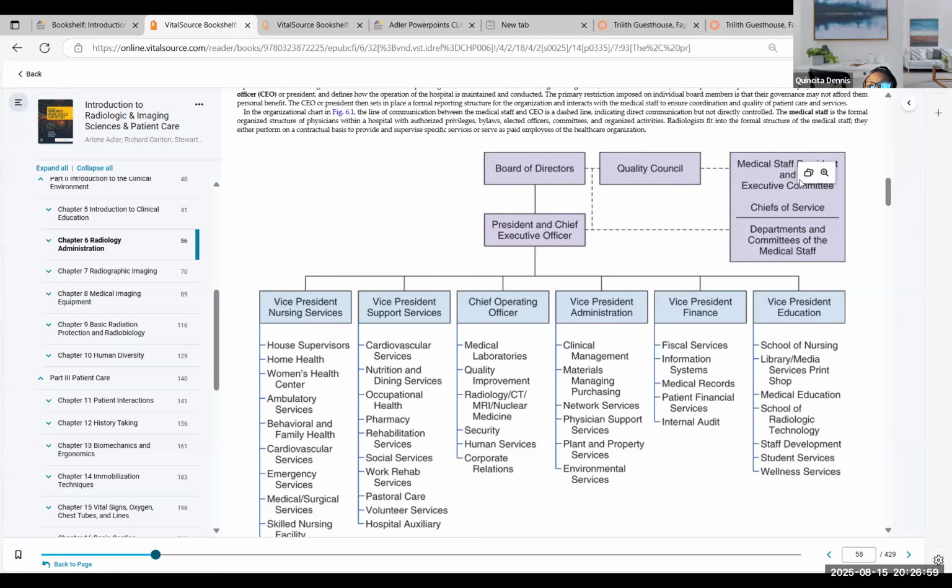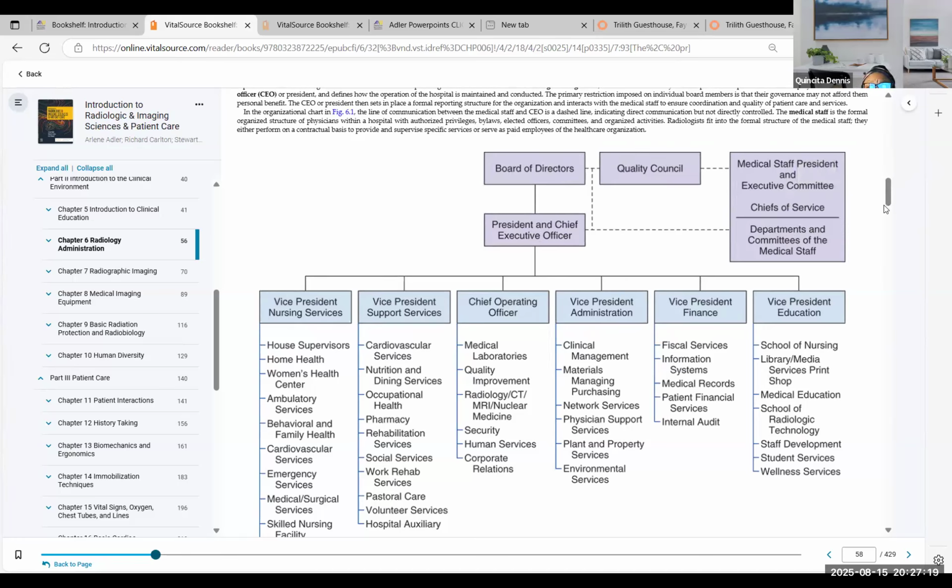All of these people make decisions. And of course the CEO or the president, typically in a hospital, a lot of them are medical doctors as well. They report up, and they report back to their teams that fall under them.